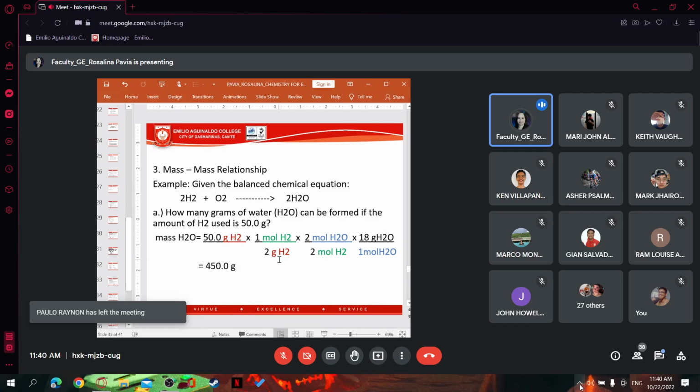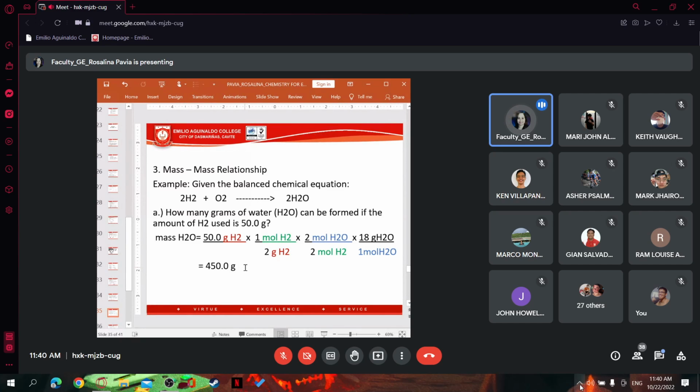Get the atomic mass of hydrogen: 2 grams per 1 mole of H2. How do you eliminate mole H2? Get the relationship from your equation: 2 moles of H2O over 2 moles of H2, times the molecular mass of water per 1 mole of H2O. You will get 450 grams.